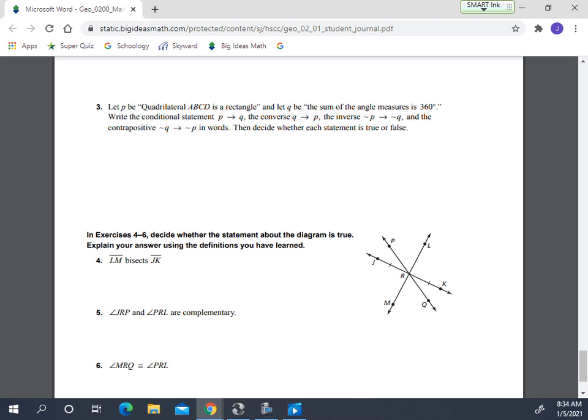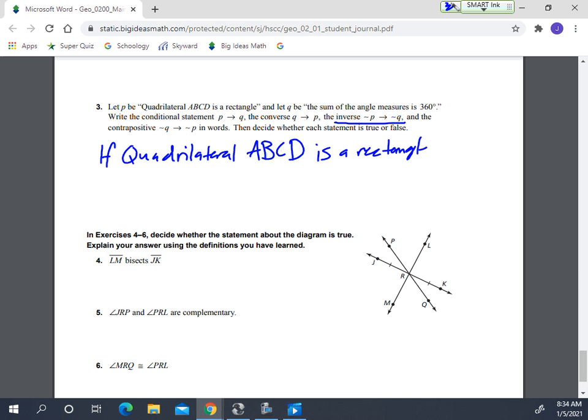Next one is our inverse. So we just did the converse. Now we're doing the inverse. The inverse. Opposite P, then opposite Q. So, if quadrilateral ABCD is a rectangle, then, oh, sorry, back up. We have to do the opposite, right?